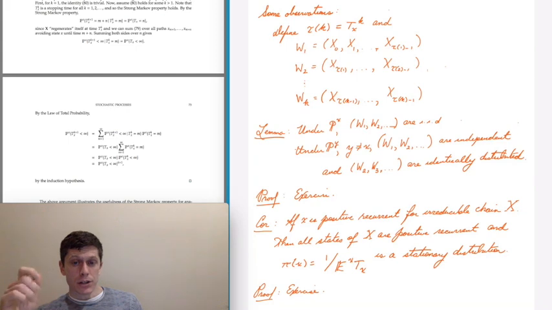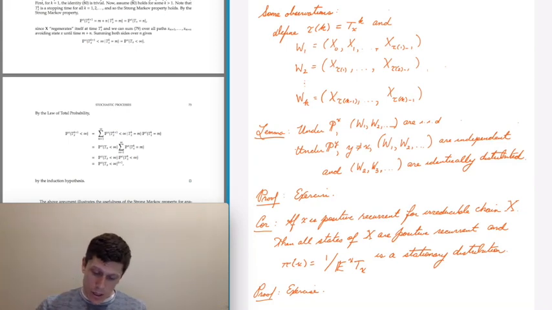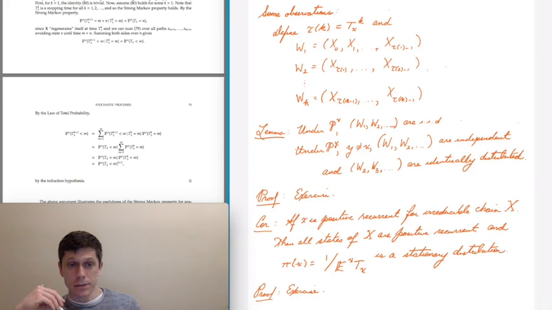If all the states are positive recurrent, then this denominator here is going to be finite, and so all of these probabilities are going to be strictly positive. They should be strictly positive because of an argument we made in one of the previous lectures: if a state x has positive probability under the stationary distribution, and x communicates with y, then y has positive probability under the stationary distribution.